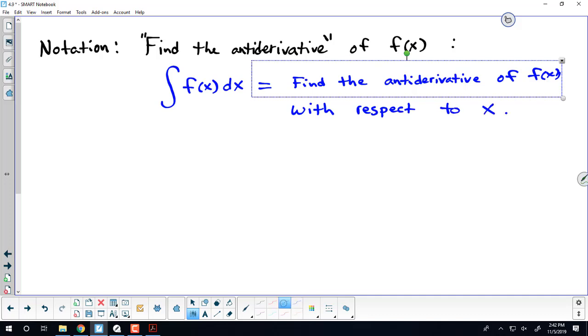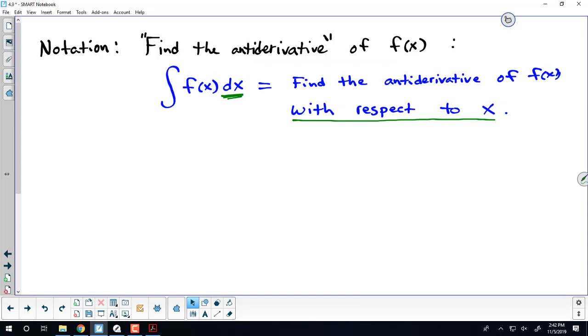That with respect to x part is coming from this dx, which tells you with respect to what variable we find the antiderivative. Just like when we wrote the derivative of a function, we had the derivative with respect to x. That's what the dx in our antiderivative notation means. So that's the notation. Instructions could be evaluate or find the following.